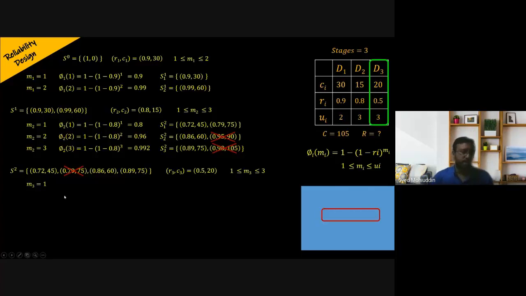Now we will start with M3 as one. Same way we will continue with reliability. Here R3 is 0.5. So we will compute its reliability. We will be computing for this 0.72 and 45. Then we will continue with 0.86 and 60 and 0.89 and 75.